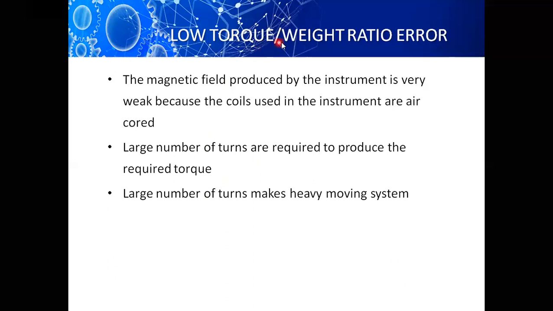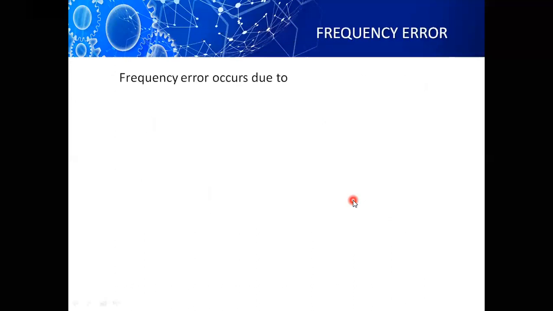So the torque to weight ratio of the whole system is very less. A large number of turns makes a heavy moving system. Due to this, the torque to weight ratio is very low. This is an error. Because of the low torque to weight ratio, we can have errors, and that is the reason why we have a bit of error due to low torque to weight ratio in a dynamometer type instrument.